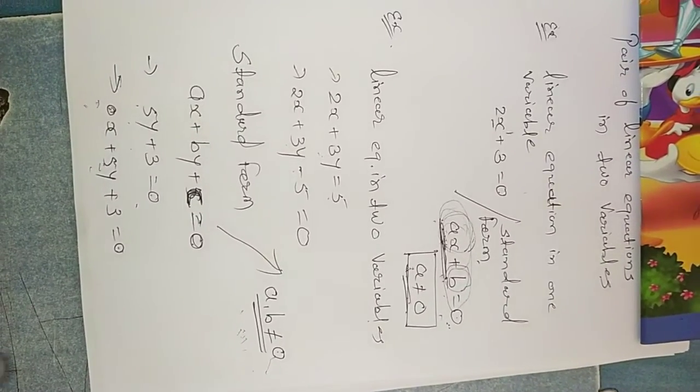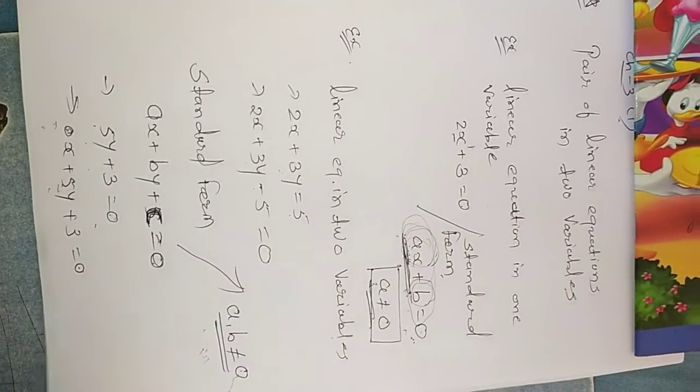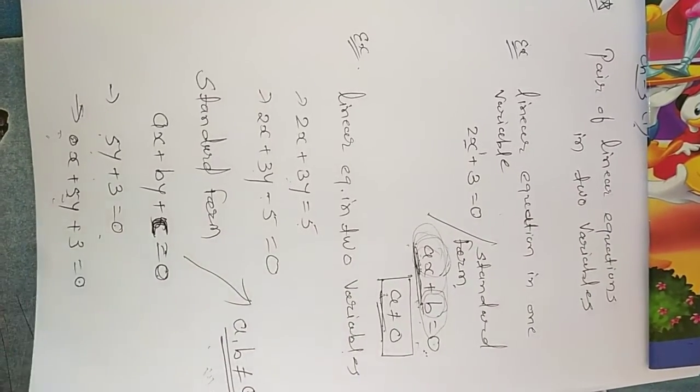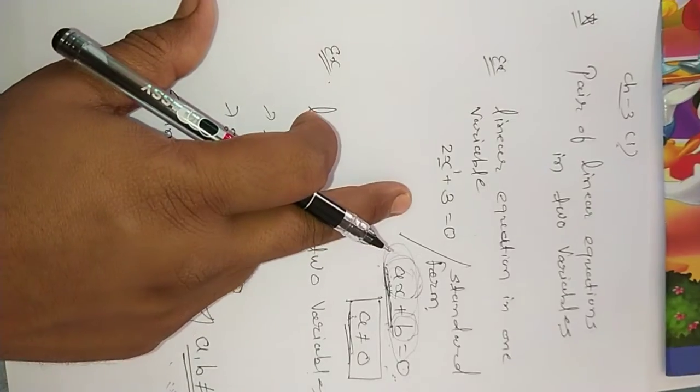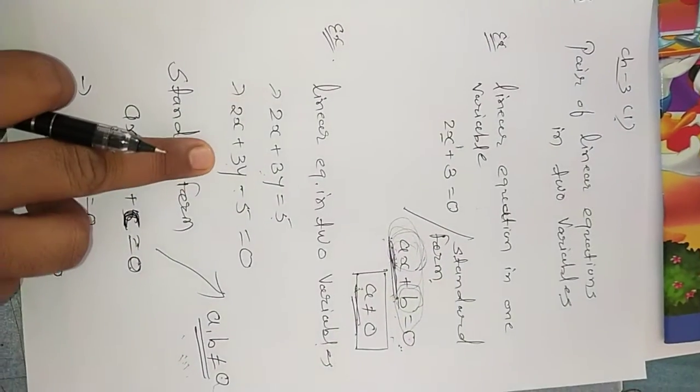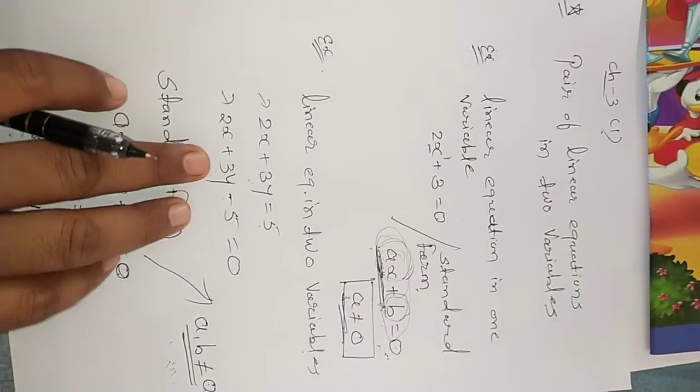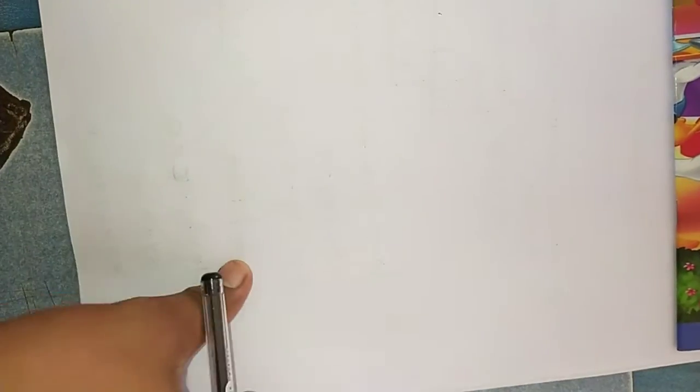Okay, in 10th standard we are seeing pair of linear equations in two variables. So this was linear equation in one variable, and this was linear equation in two variables. Now we are saying pair of linear equations.